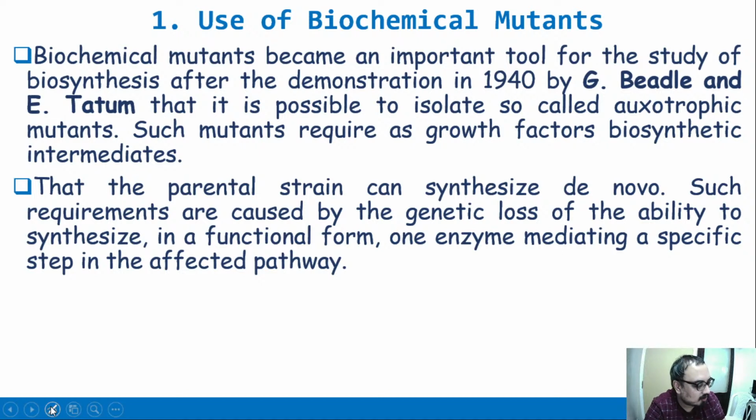And what is the property of such mutants? Such mutants require growth factors for their growth. For example, a bacteria which produces product A from B. There may be a series of reactions, or it may be possible that only a single step is involved, but we do not know about it.